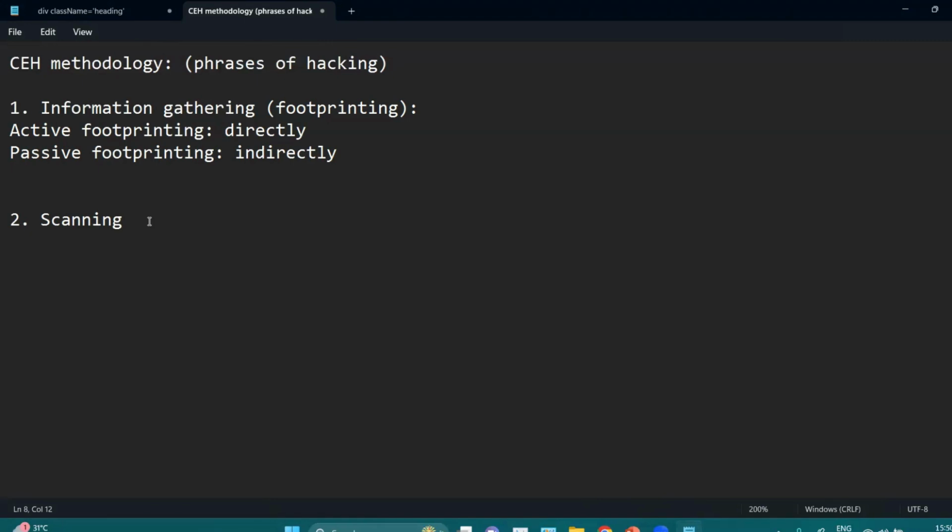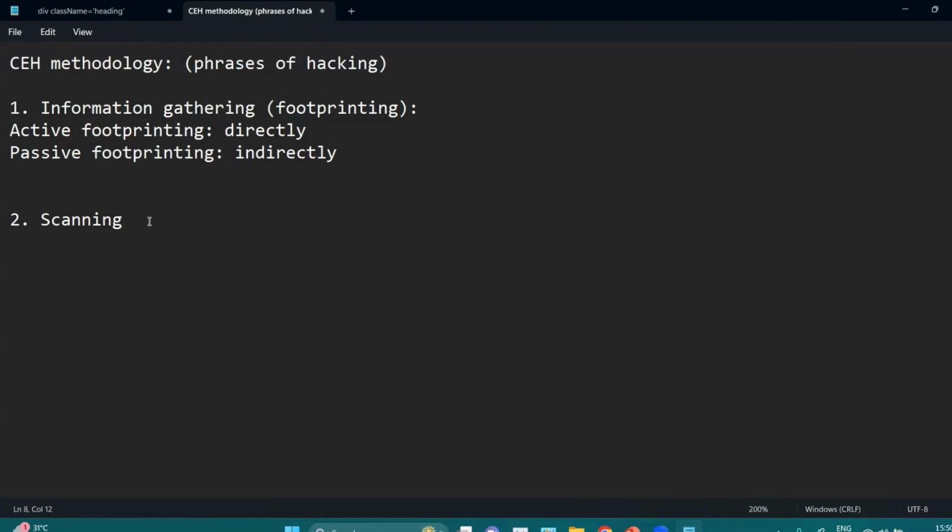Passive is when you ask for my information from some of my friends, my colleagues, or my company watchman. You are asking for my information indirectly through someone else, or sending other people to collect my information.